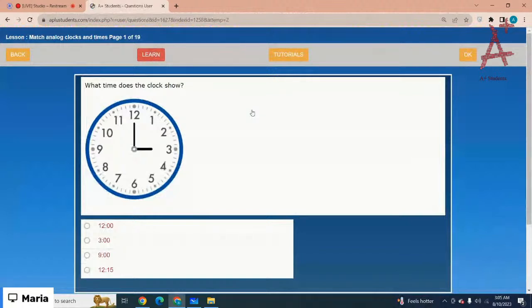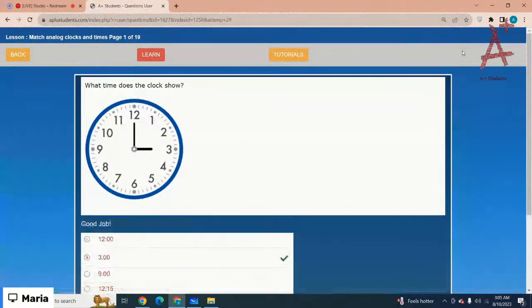So it is 3 hours and 0 minutes, because the minute hand is pointing to 12, which means it is 0. The correct option is the second one.